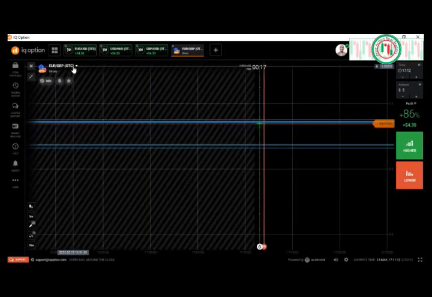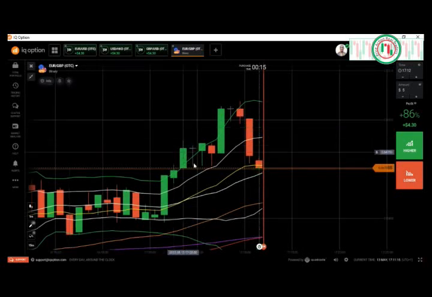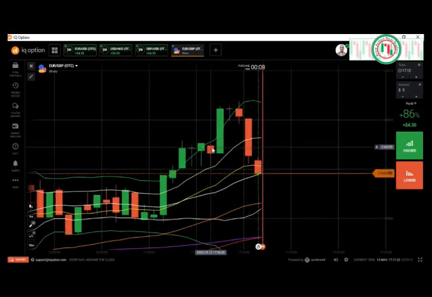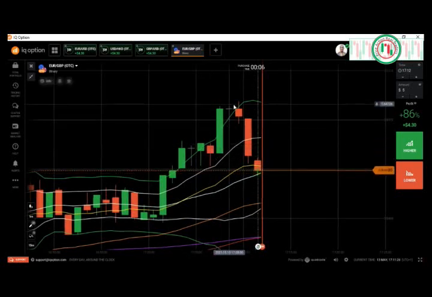Still no. Yes, this is an inside bar, so it's not nice. This one, we cannot use as this pattern.